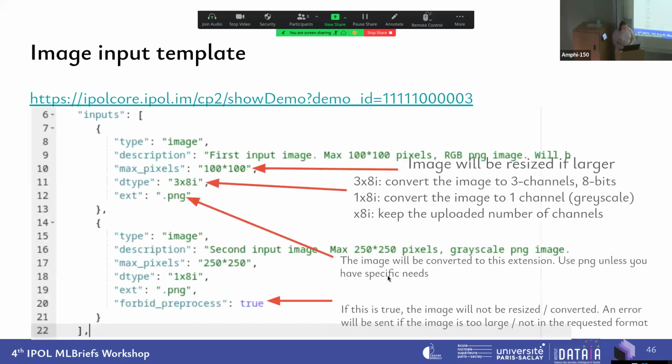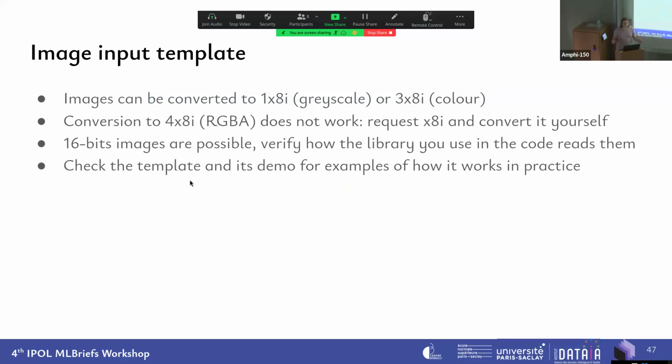So, about the D-type, I explained the 3x, 1x, or x. After that, you have 8i, which means you use 8-bit precision integers, which are the default, and which should be used for almost all of you. In very specific cases, you might want 16 bits precision. Keep in mind it will result in larger files.